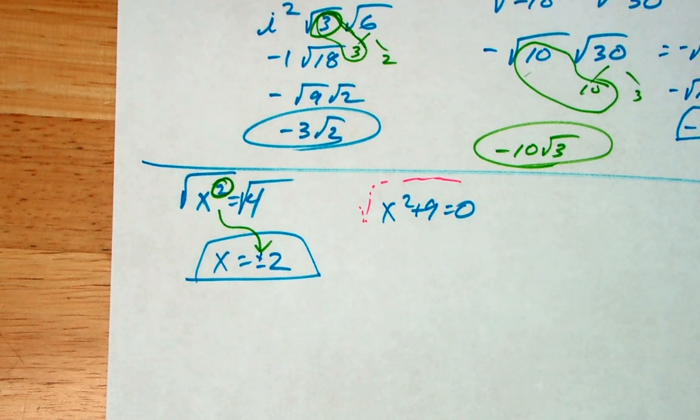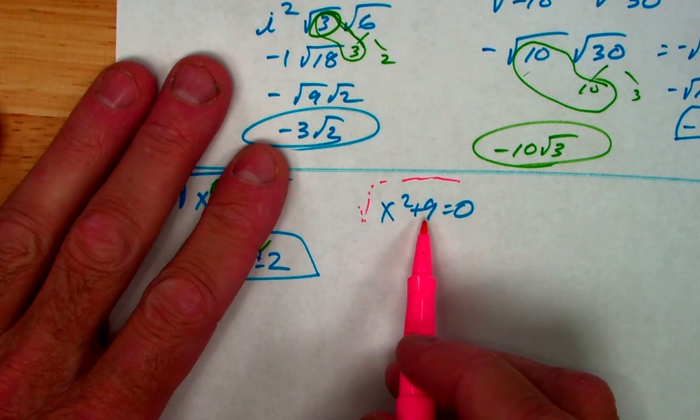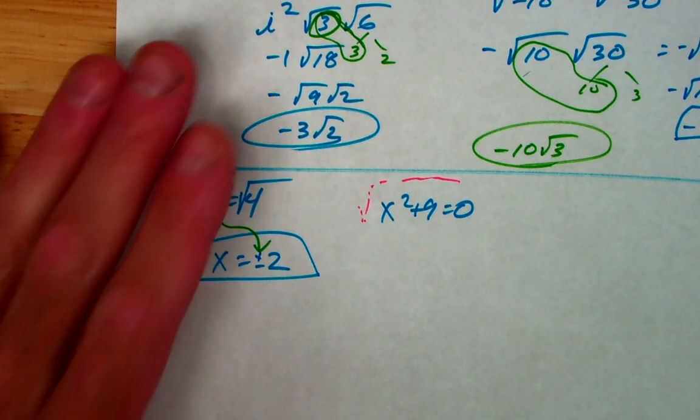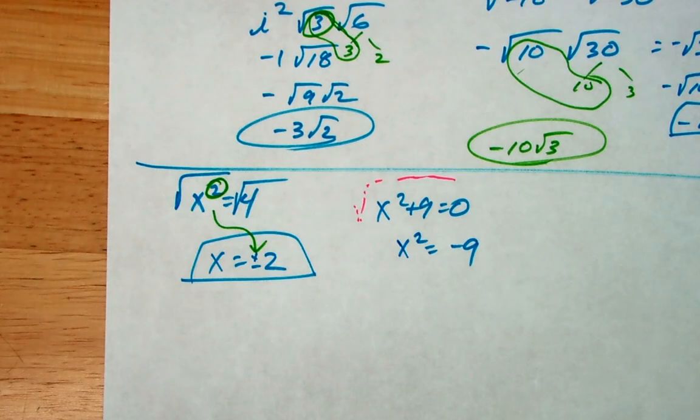Don't think you can square root that and get that simplified. You can't. Why? Addition, subtraction, they're in a different family than square roots. They don't get along. So if I'm going to solve this, what do I have to do with this plus 9? Subtract it over. So I'm going to go x squared equals negative 9.